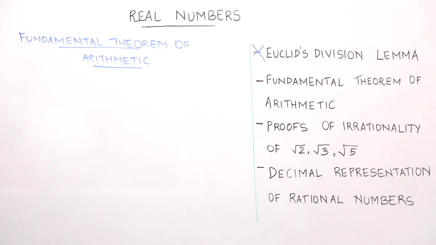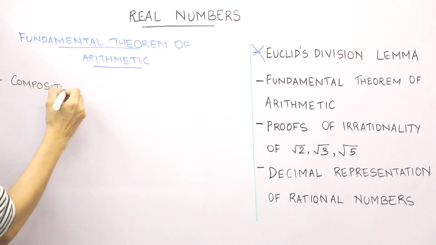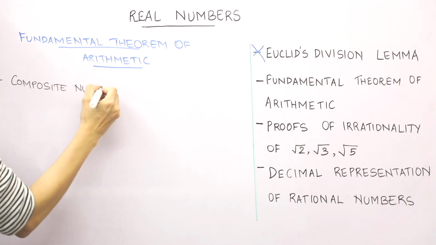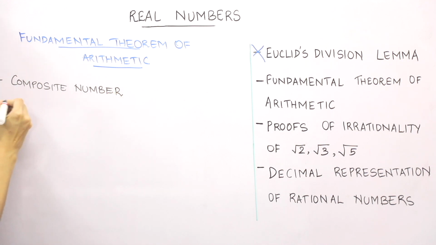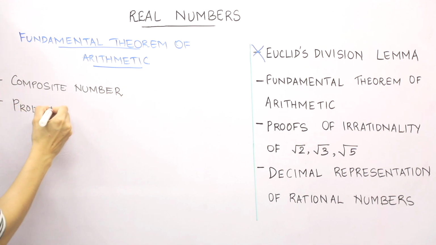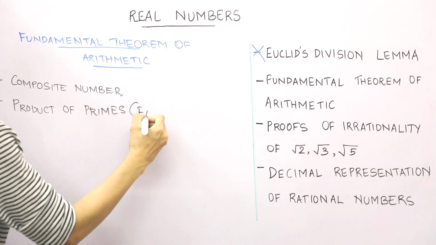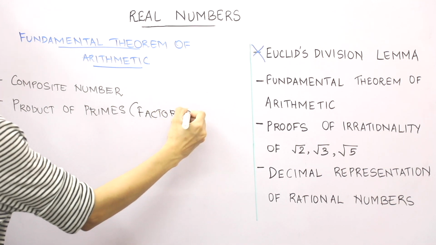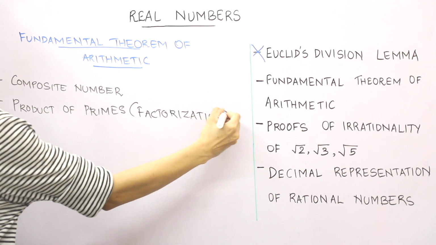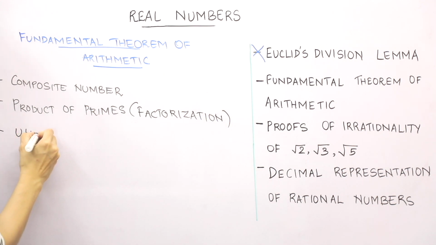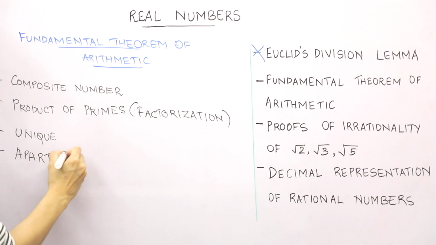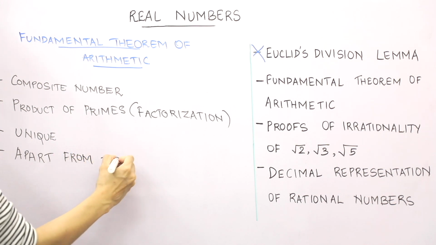The theorem states that every composite number can be expressed as a product of primes, which is also called the factorization or prime factorization, and this factorization is unique apart from the order in which the prime numbers occur.